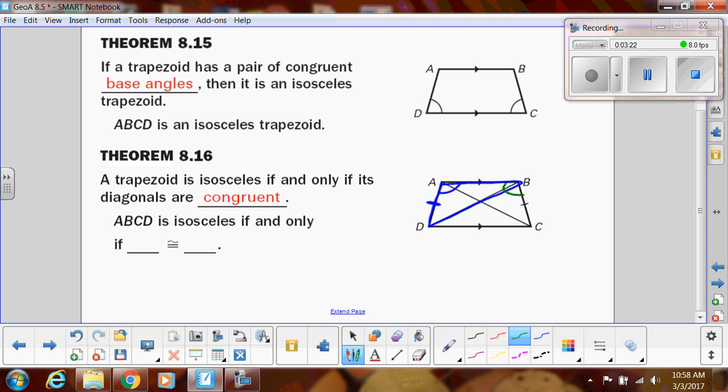All right, so if I do the other diagonal, notice that I have that side the same and that angle the same, and then they have this reflexive side that they share. So those triangles are congruent by SAS, and that would mean that those diagonals have to be congruent. So that's why we know that isosceles trapezoids have congruent diagonals.